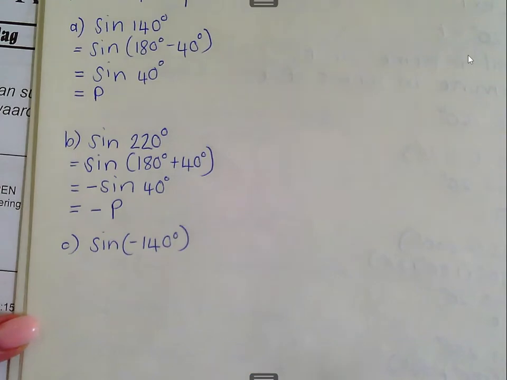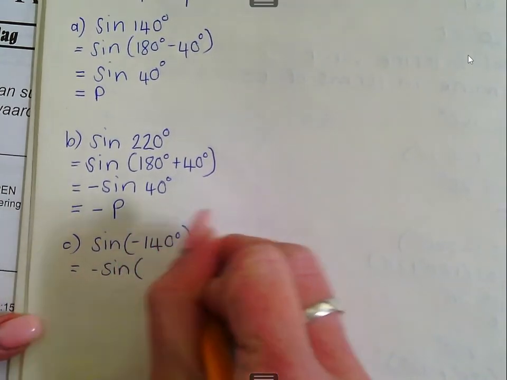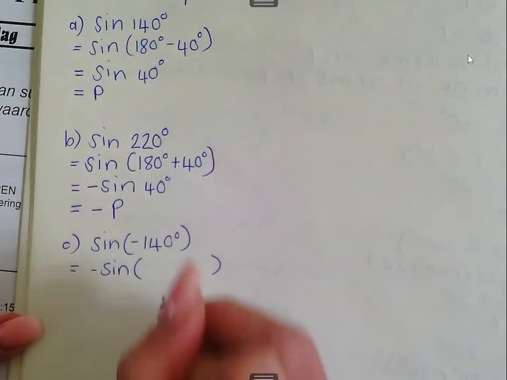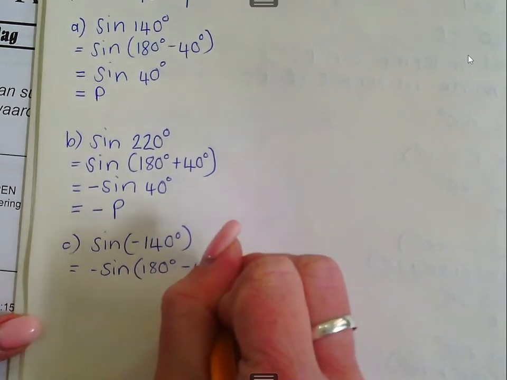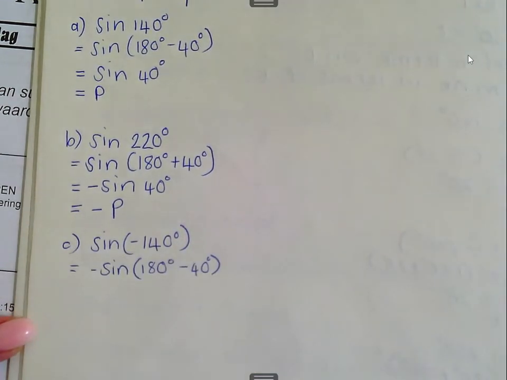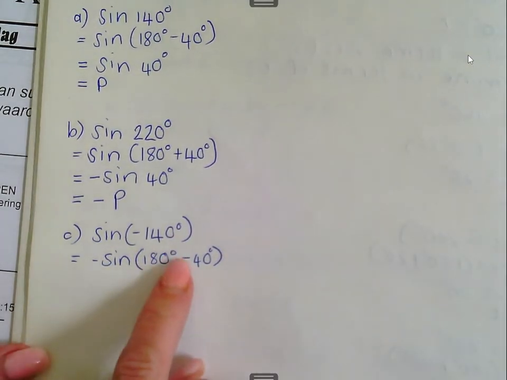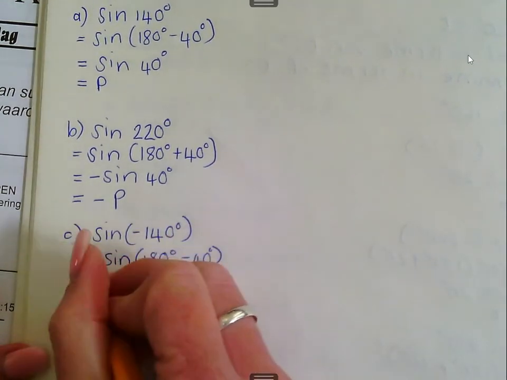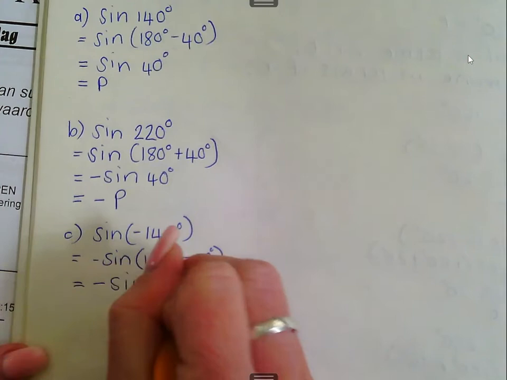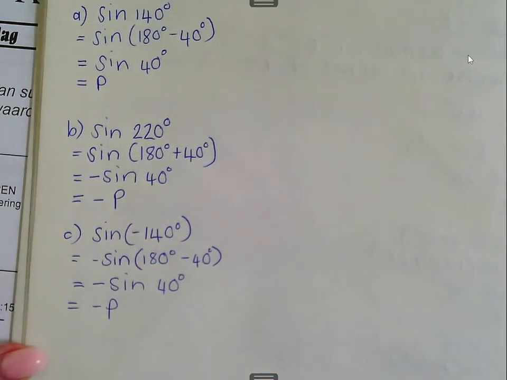So first we get rid of the negative. What's the sin of a negative? And then how will I write 140? 180 minus 40. Which quadrant is that? Second. What is sin in the second? But I already have a negative, so it's negative sin 40 degrees, so it will be negative P.